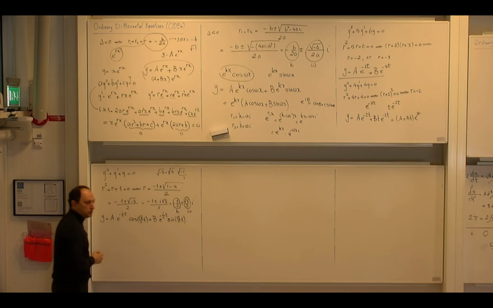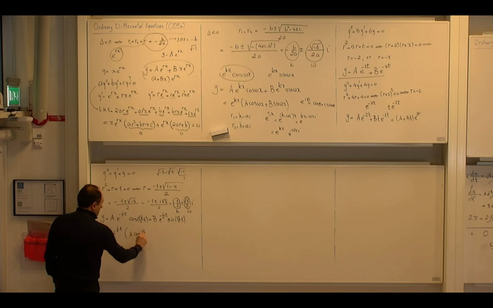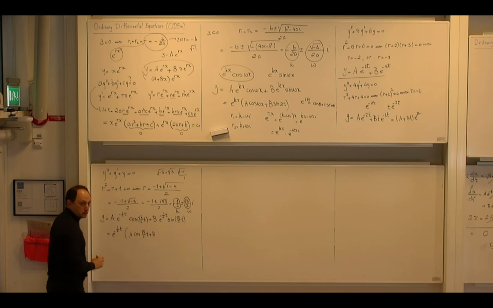This is one way to write it, or some people prefer to factor e to the power minus a half t out, then it becomes this. Is the t inside of the sine and the cosine? Yes, yes.